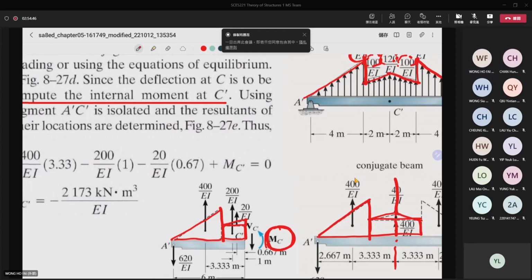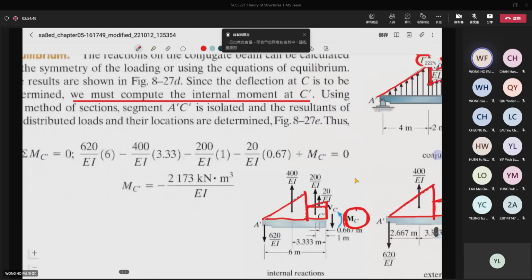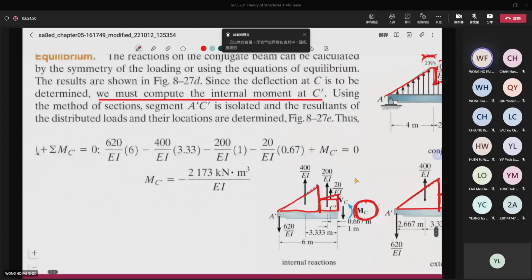Okay. Now, if you cut the free body, then you can see that you have this load 620 over EI, and then times the distance, 6 meters. You have 400 over EI here, and then you times the moment arm here, 3.33. You have 200 over EI here, and then times the moment arm here, 1 meter.